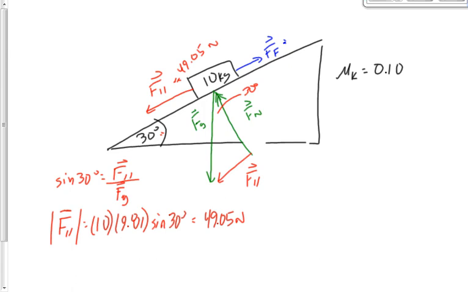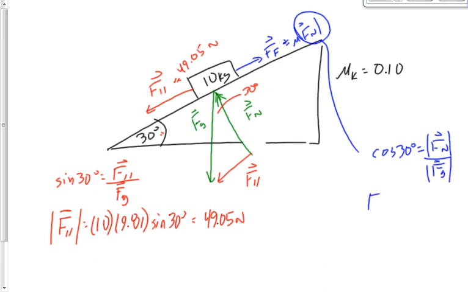Now we got to get FF. And it's mu times Fn. But we don't know what Fn is, right? This is one of those questions where Fn is not just the same as gravity, m times g. So how are we going to go about getting that? Yeah, let's say cosine 30 degrees is equal to adjacent over hypotenuse.